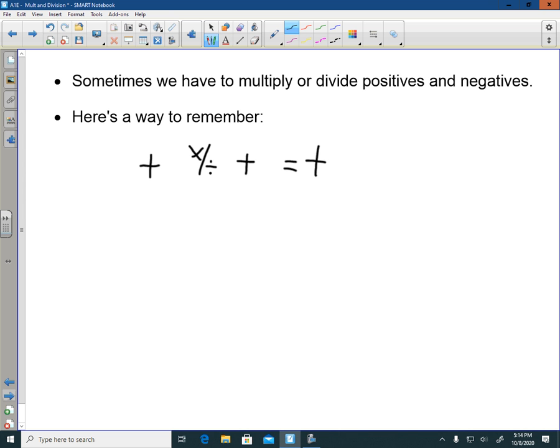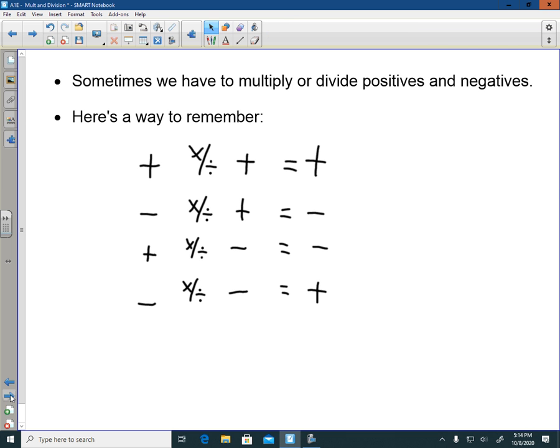When you take a negative number and you multiply it or divide it by a positive number, you always get a negative. When you take a positive and multiply or divide by a negative, you always get a negative. And then the last possibility is if you take a negative number and you multiply or divide it by another negative number, you always get a positive number.